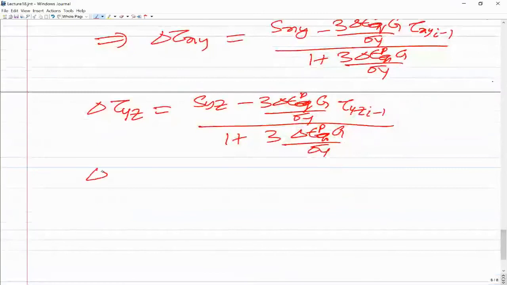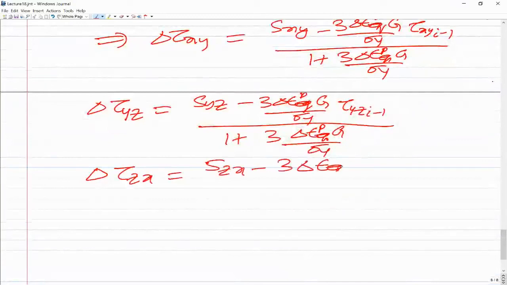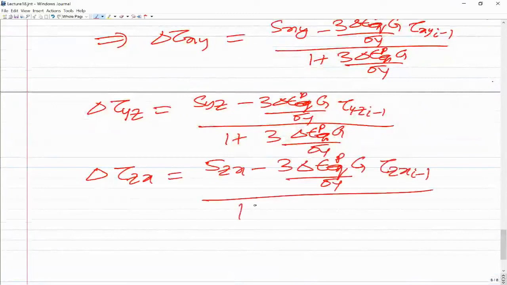Also, delta tau zx is equal to szx minus 3 delta epsilon equivalent p into g upon sigma y into tau zx at I minus 1th iteration, and the whole is divided by 1 plus 3 delta epsilon equivalent p into g upon sigma y.